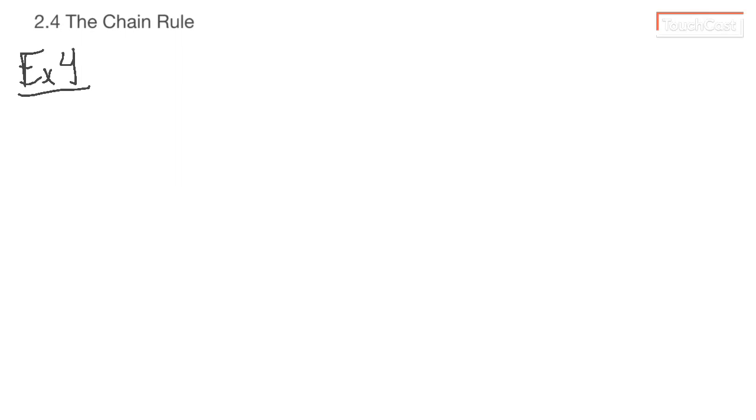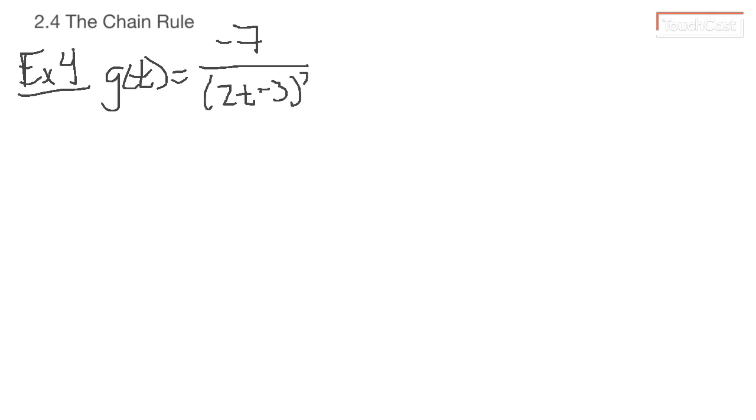We're going to have the function g of t is equal to negative 7 over the quantity 2t minus 3 squared. Now this can be rewritten as negative 7 times the quantity 2t minus 3 to the power of negative 2.